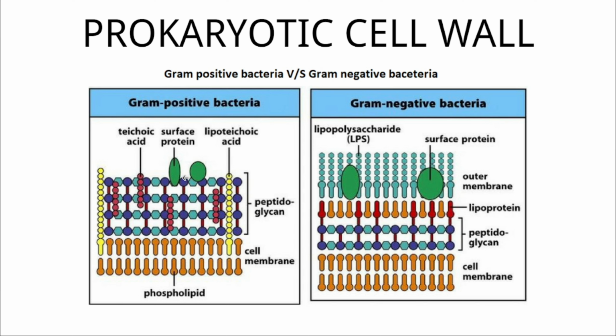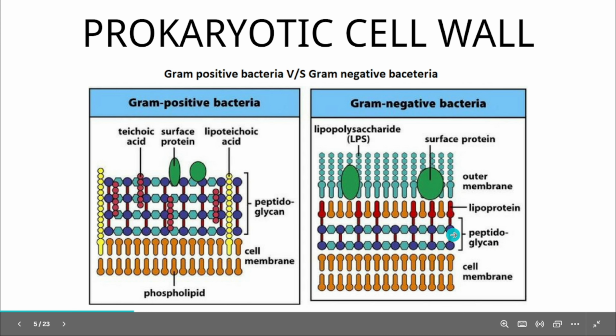But the difference I need to tell you is that bacteria can be divided into gram-positive bacteria and gram-negative bacteria. The major difference is the thickness of the peptidoglycan. For gram-positive, normally the peptidoglycan cell wall is very thick. But for gram-negative, the peptidoglycan is very thin.